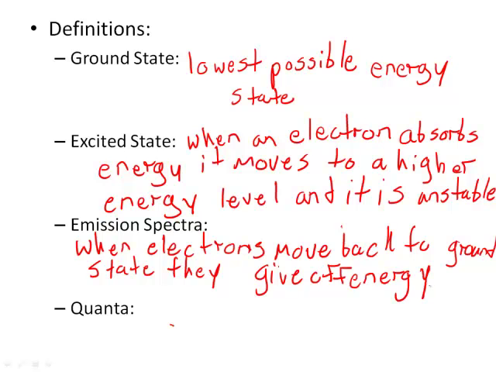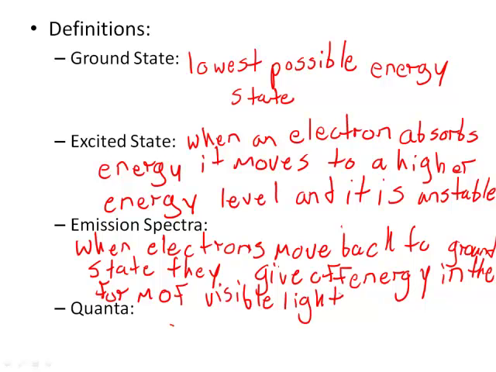They give off energy in the form of visible light. So you have a ground state, it goes excited, goes back down to the ground state, and you give off an emission spectra. That emission spectra is a quantized amount.